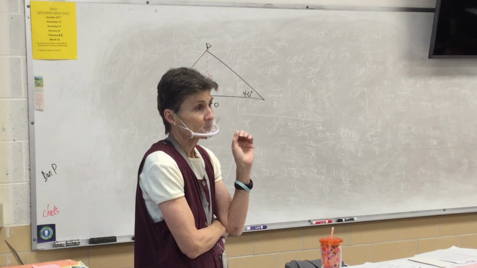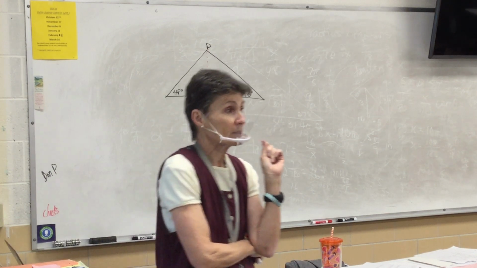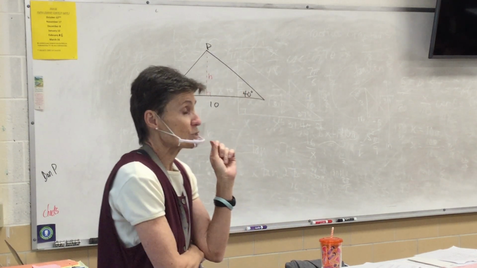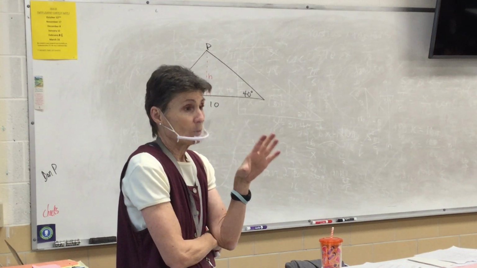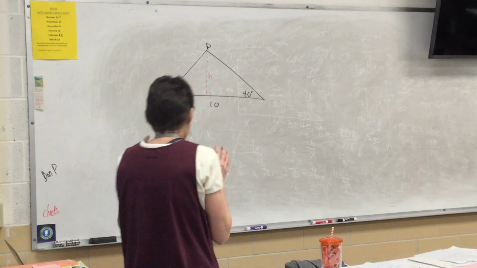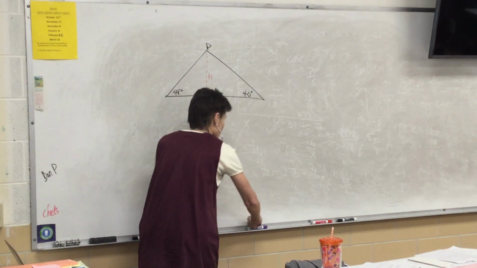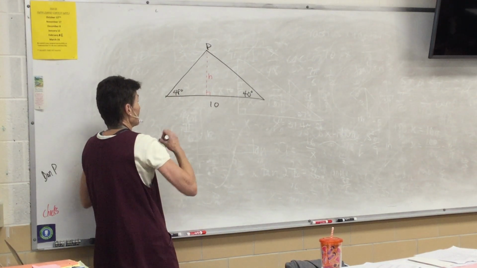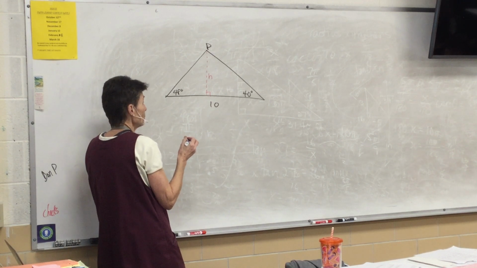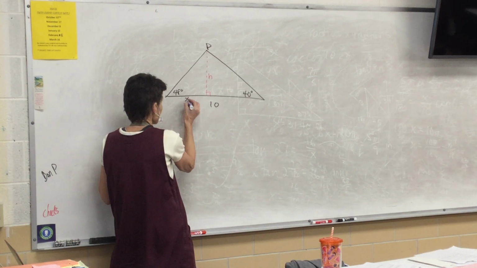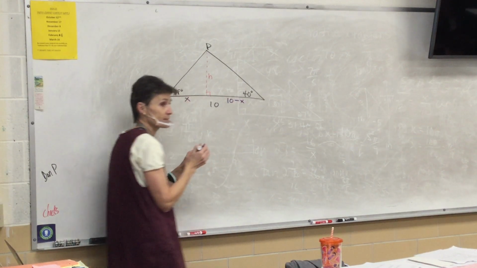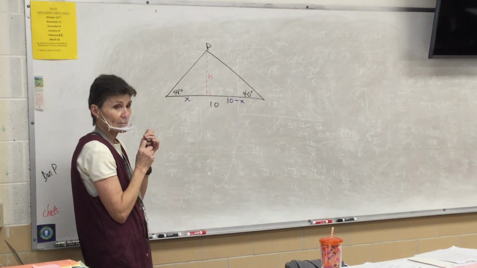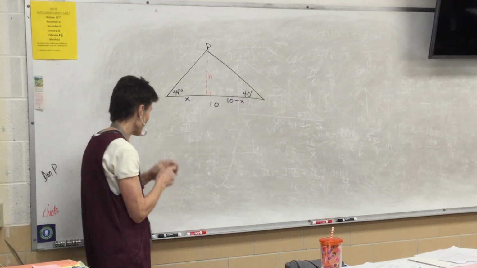Exactly. This triangle is not isosceles, and so the altitude will not bisect the base. Now, I have no idea how long each of those pieces is, but is it true that this piece I might call X, and this one would be 10 minus X? Yes. Is that true? Okay.